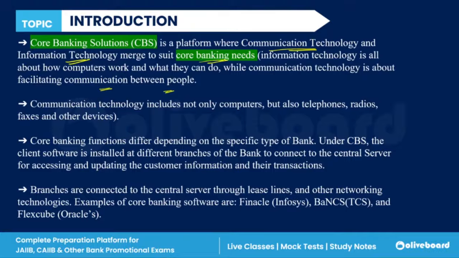The core banking solution is a combination of two things: communication technology plus information technology. Information technology is all about what a computer is and how it works, whereas communication technology is all about how people communicate with each other.